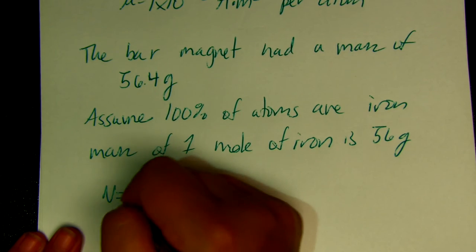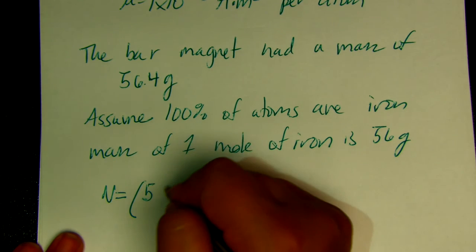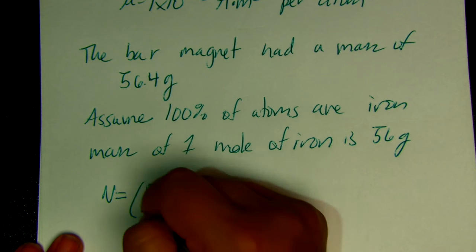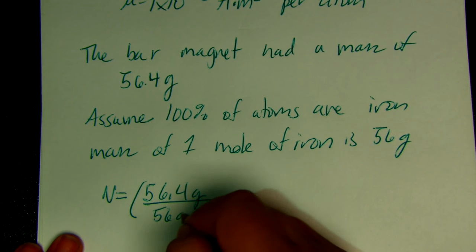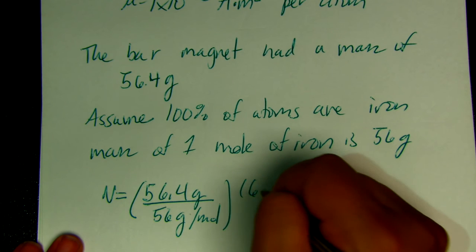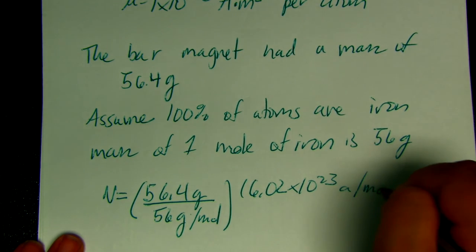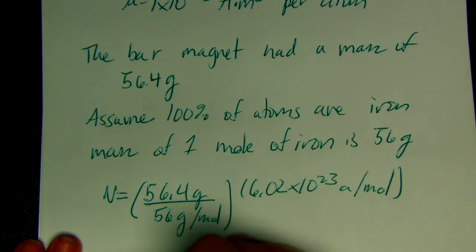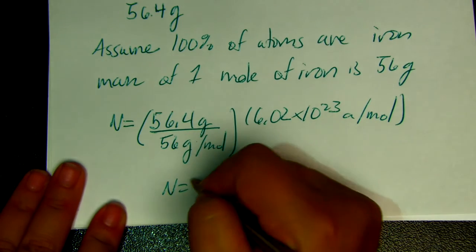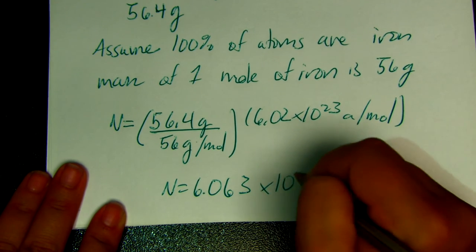So the number of atoms, little current loops, is 56.4 grams over 56 grams per mole times 6.02 times 10 to the 23 atoms per mole. N is equal to 6.063 times 10 to the 23 atoms.